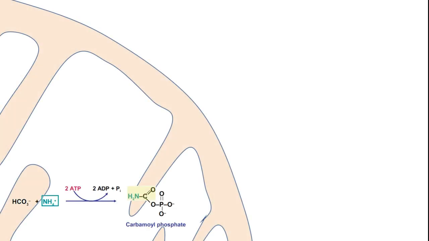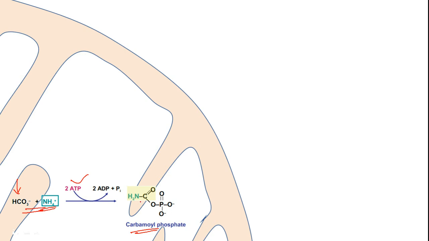The first committed step is synthesis of carbamoyl phosphate from ammonium ion, because here two ATPs are used. One ATP is to activate the bicarbonate ion, then the second ATP is utilized in the formation of the amide bond between ammonium ion, ammonia, and carbonic acid over here. Okay, so thereby it gives us carbamoyl phosphate.